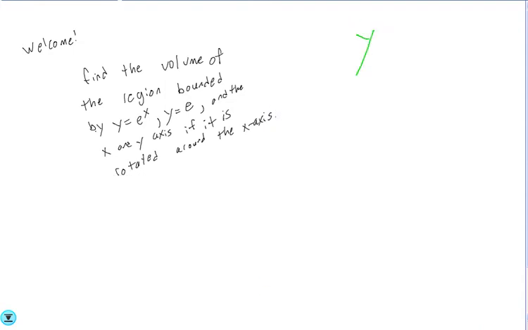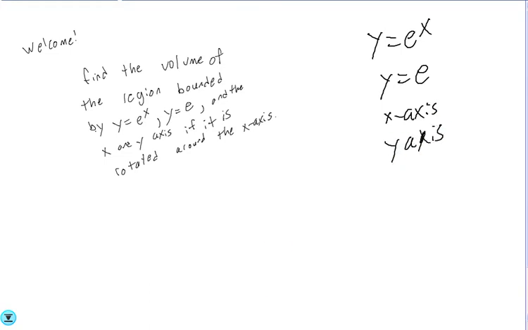So we have y equals e to the x, y equals e, x-axis, y-axis. I also need that it's revolved around the x-axis.